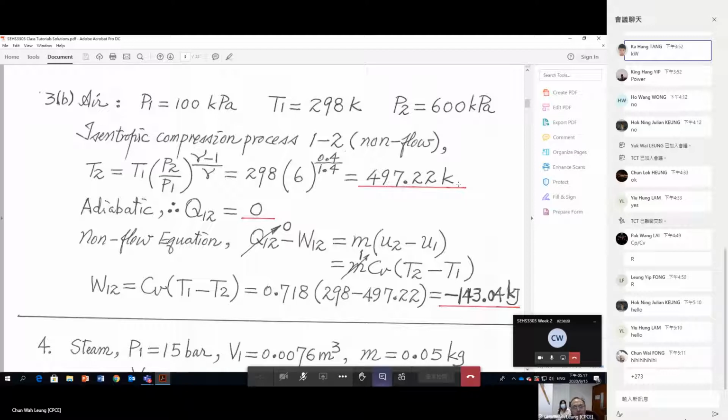It's going through an isentropic non-flow process, that is PV gamma equal constant.